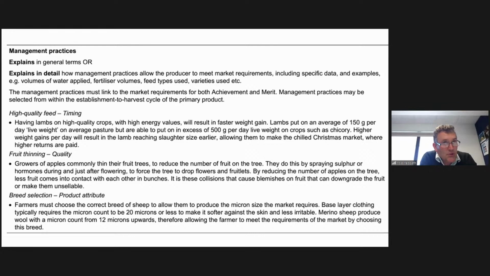It is usually on the basis of, I'm just going to bounce out of sharing screen here, that excellence level is usually on the basis of justifying according to maximizing price. So what is the grower doing? What are the manipulations that are being carried out to maximize the price the grower receives? What are the manipulations perhaps that are being carried out to maximize the quantity that is being sold?